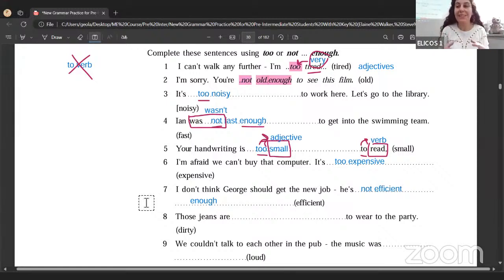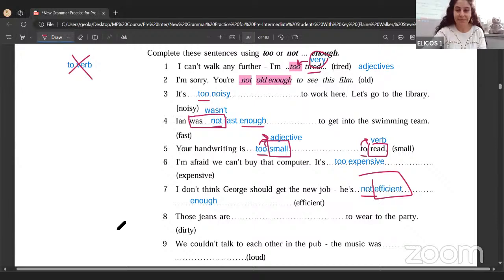So remember, we are still comparing, but we don't want to say compared or of them all. This is just another way to compare. We put the not first, and then the adjective, efficient, which means fast, quick. He's not efficient enough.